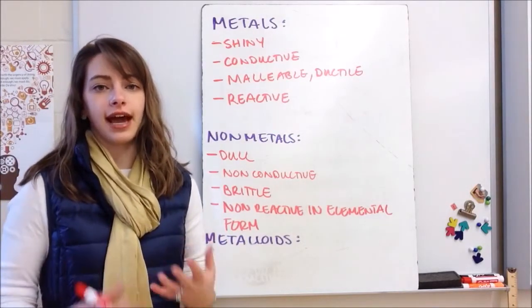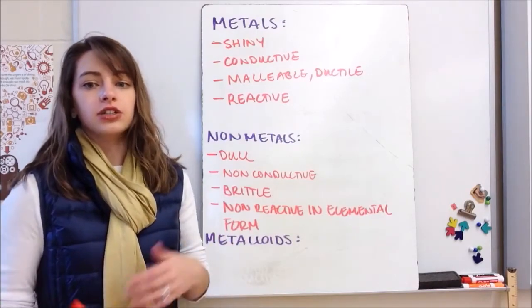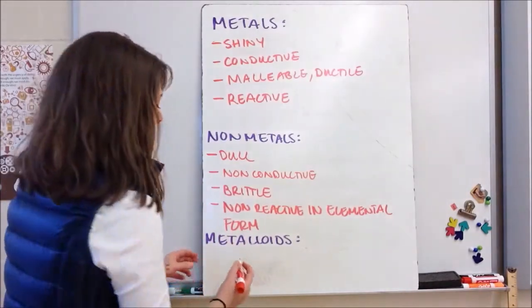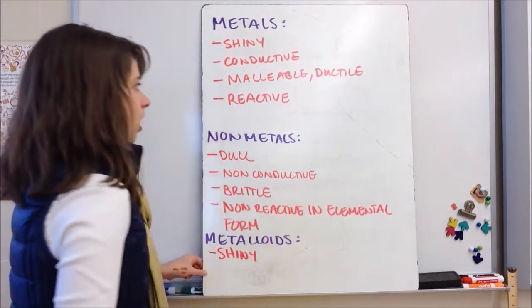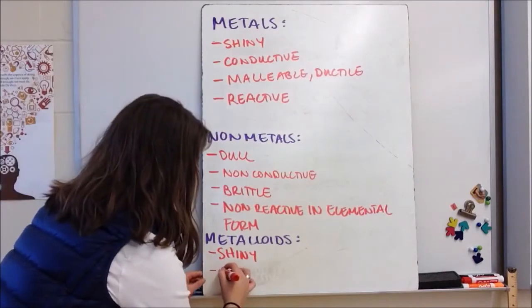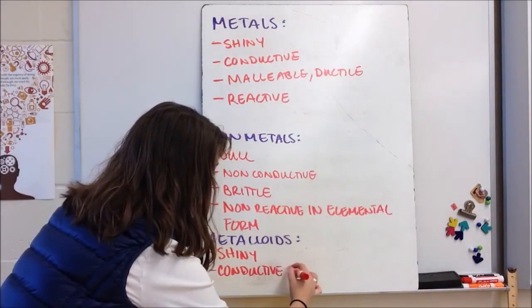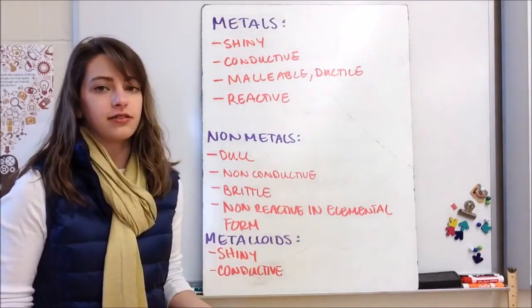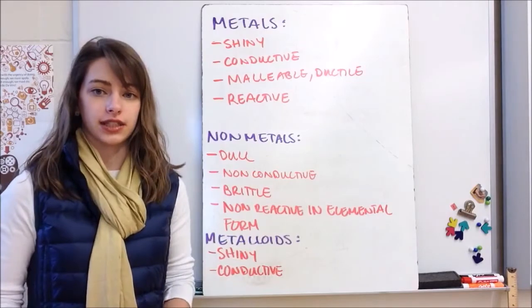And a metalloid really has a blend of the properties of a metal and a nonmetal. Just like a metal, metalloids are shiny. Also like a metal, they are conductive. They may not be as conductive as a true metal, but they can conduct electricity.